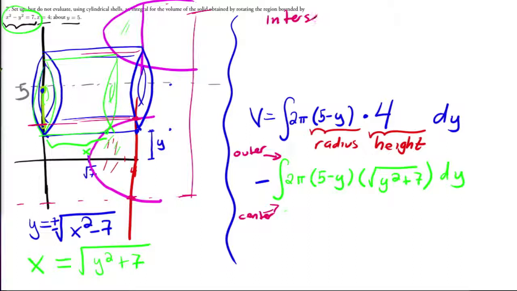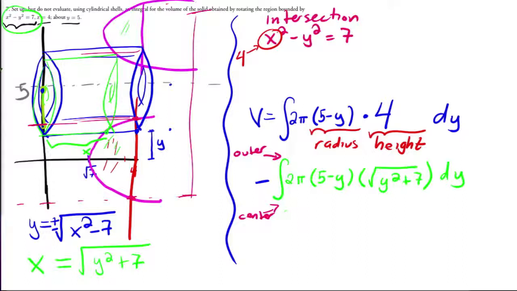Let's do that over here. So we want to know, now we're talking about the y values, when does x squared minus y squared equal 7, when x is equal to 4? What does y equal?